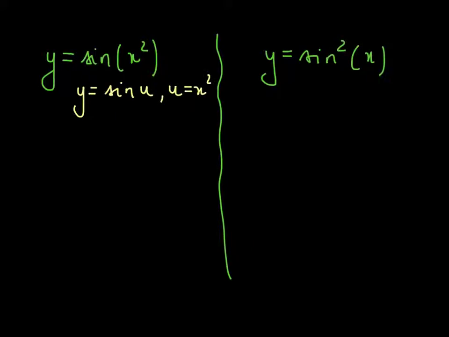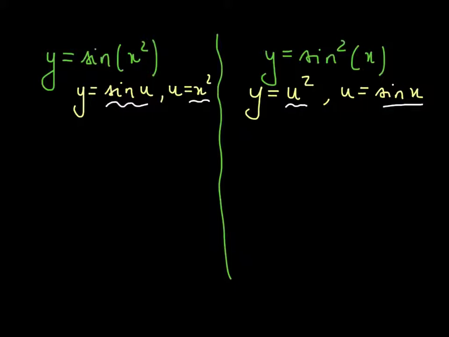Whereas in the second case, we have y equals u squared, where u equals sine x. Look how they are composed. Practically, here it's a composition between a trigonometric and a polynomial, whereas here it's a composition between a polynomial and the trigonometric. They are composed in opposite order, but remember that composition is not commutative. So u composed with v is not the same as v composed with u, and here is one example.